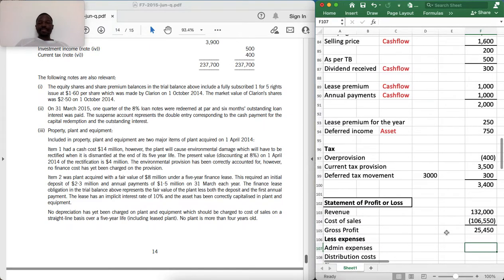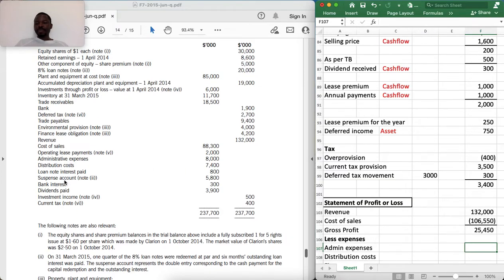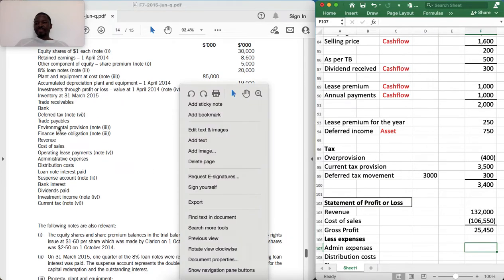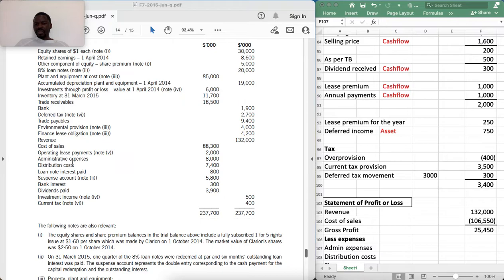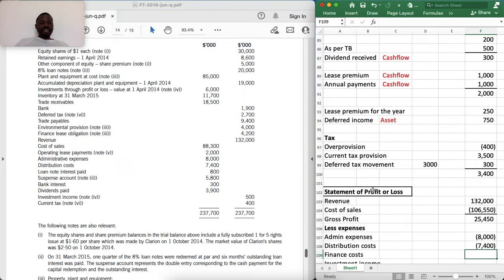Now we less expenses. Let's go to our trial balance. Admin expenses is 8,000. Distribution 7,400. Then finance costs.